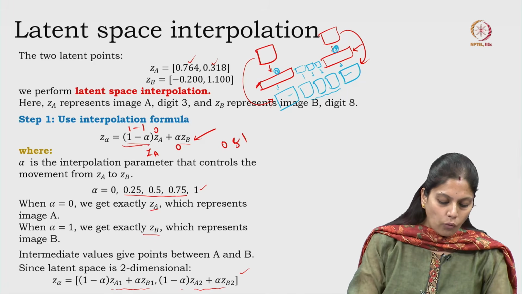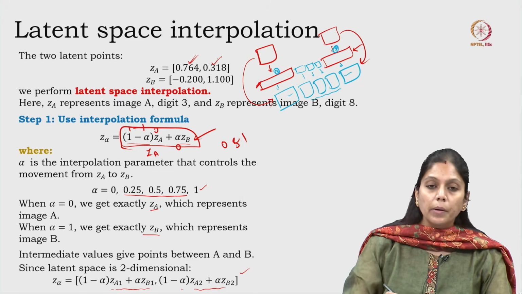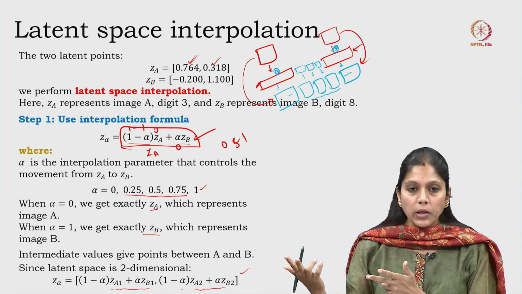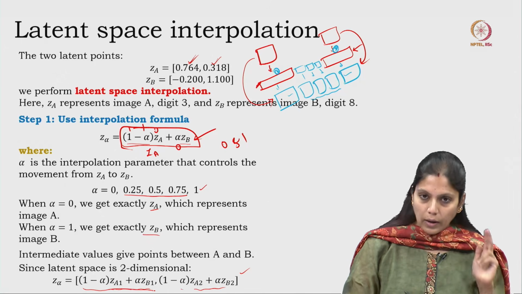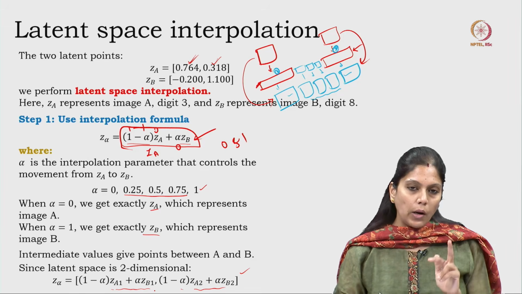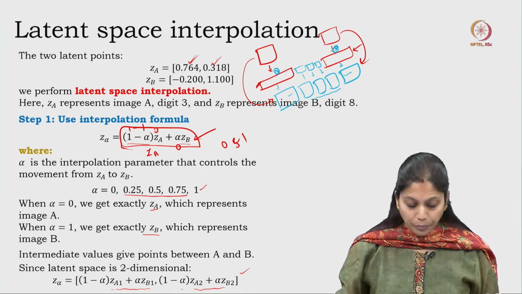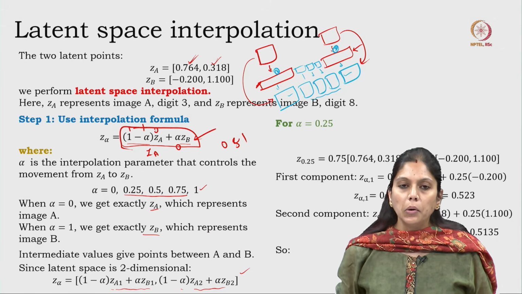This is the overall formula, but since we have 2 such terms, ultimately we should get 2: the first with A1 and B1, and the second with A2 and B2. Let us take one numerical example.